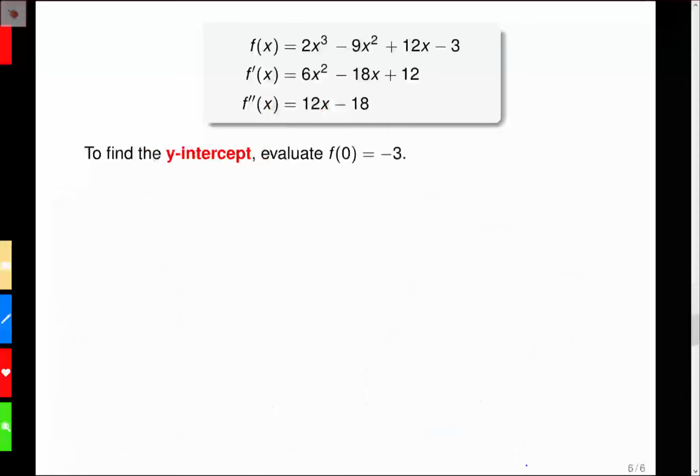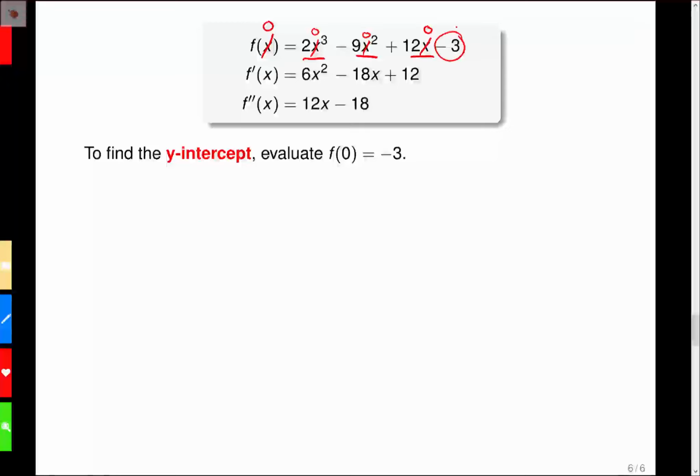You may also attempt to find where the curve cuts the x and y axes. To find the y-intercept, you evaluate the original function at x equals 0. Here, that means all the x terms will vanish, leaving you with just the constant term negative 3.